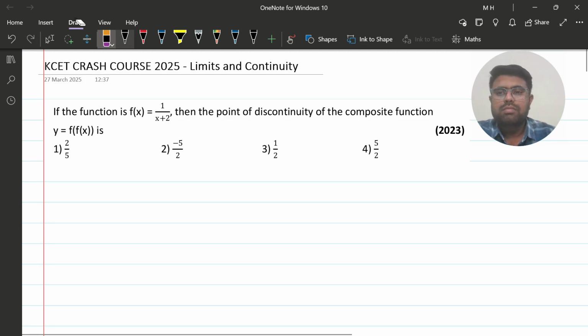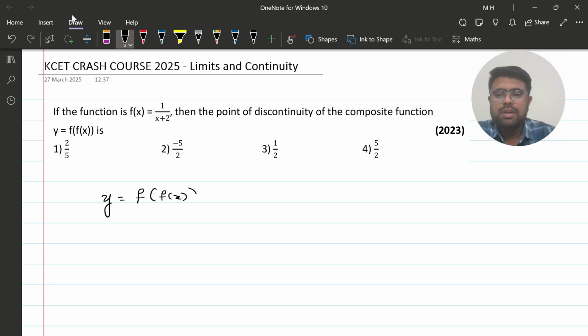So in this case, we will first find out y is equal to f of f of x and see whether the function is defined for all the real values or not. So we take y equal to f of f of x, which is equal to f of, what is f of x? 1 by x plus 2. Now what is f of something?